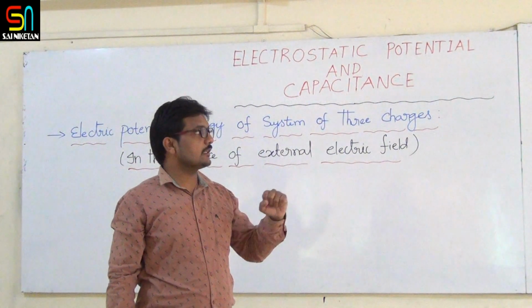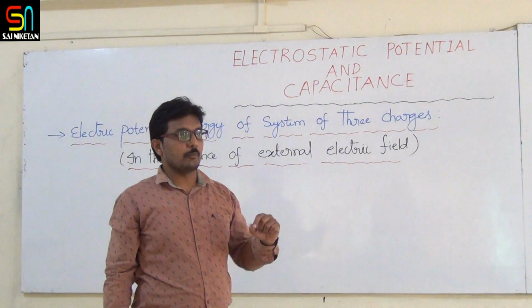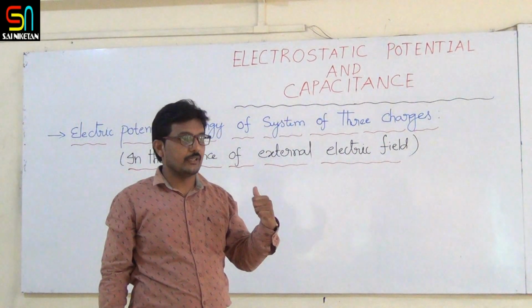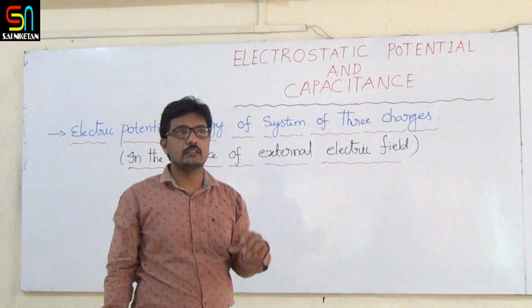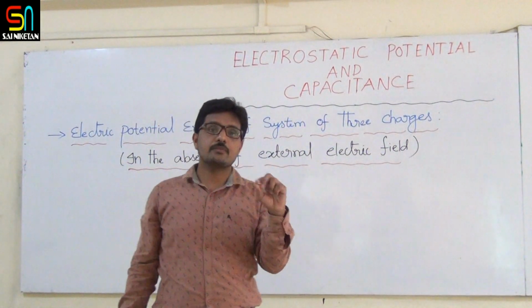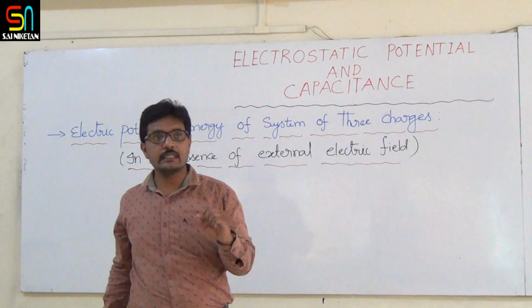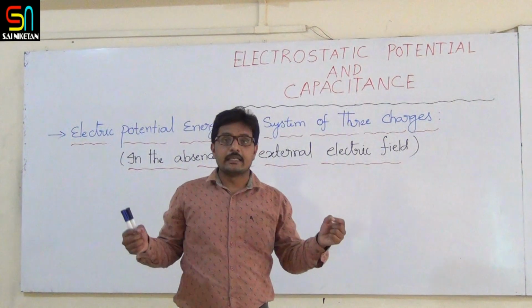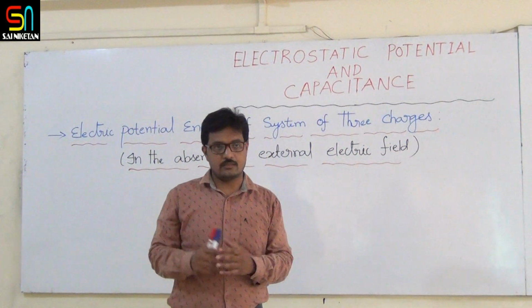So the electric field is conservative in nature. Yesterday we discussed the potential energy of a system of charges. In that, we have two types of potential energy of a system of charges. One is the interaction potential energy between the charges.